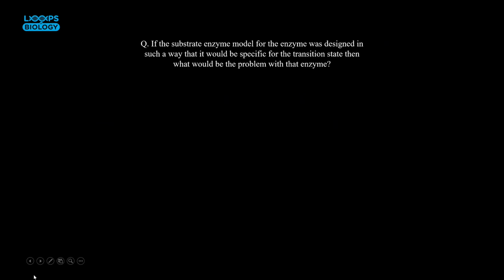Next is, let's try this particular question guys. If the substrate enzyme model of the enzyme was designed in such a way that it would be specific for transition state, then what would be the problem with that particular enzyme?